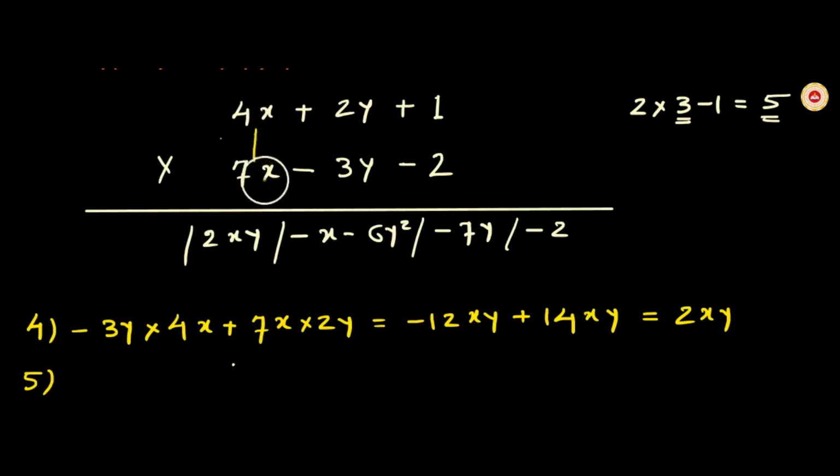So multiplying these two terms vertically, 7x multiplied by 4x, which is equal to 7 fours are 28x squared. Okay, so 28x squared is the answer after fifth step and should be written in fifth part from right side.